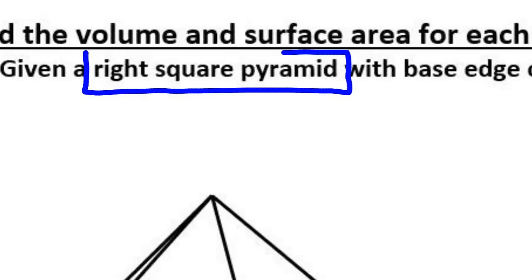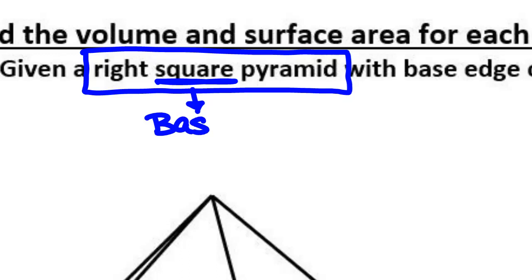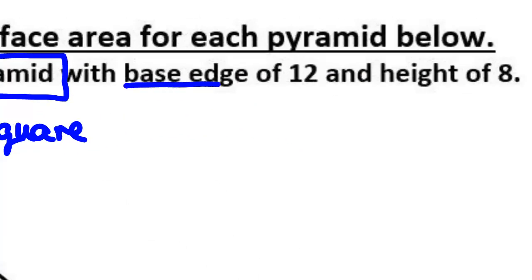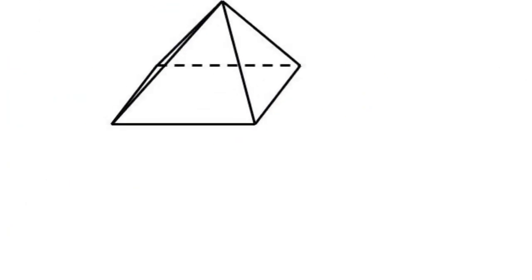A right square pyramid. So the square part tells me that my base is a square. It says the base edges are 12. So this edge right here would be 12.